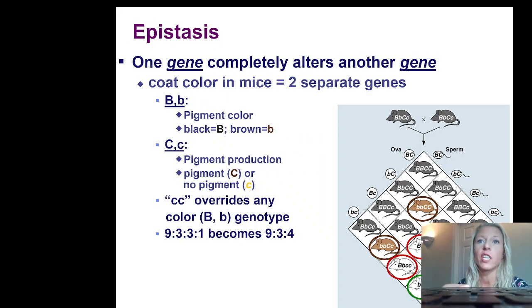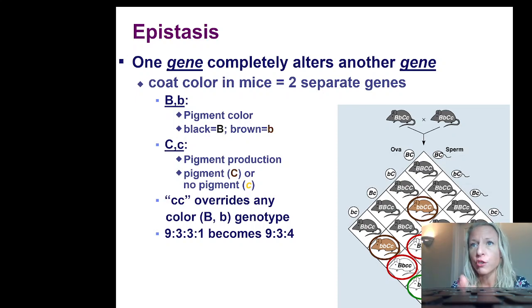Epistasis is when one gene alters another gene. So coat color in mice is determined by two separate genes. There is the pigment color gene, where black is dominant to brown. And then there's the pigment production gene, where pigment production is dominant to no pigment production.